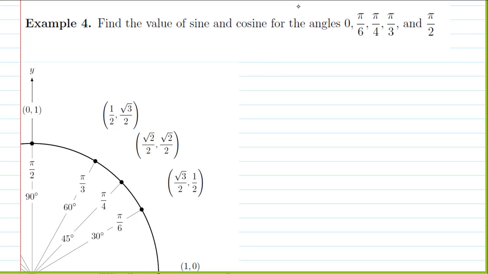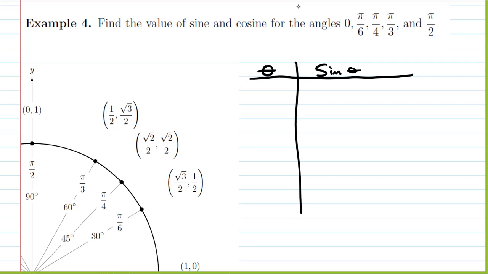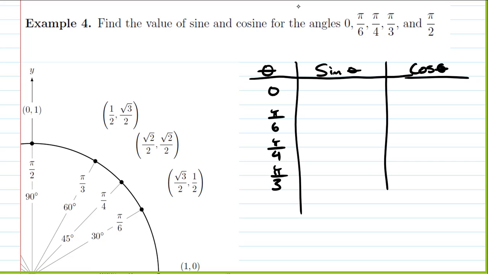So, we take our angles: 0, pi over 6, pi over 4, pi over 3, and pi over 2. And we'll note that these are the same as 0 degrees, 30 degrees, 45 degrees, 60 degrees, and 90 degrees.